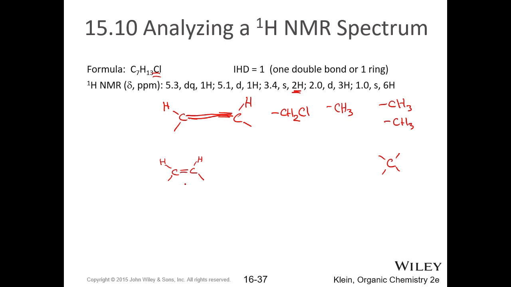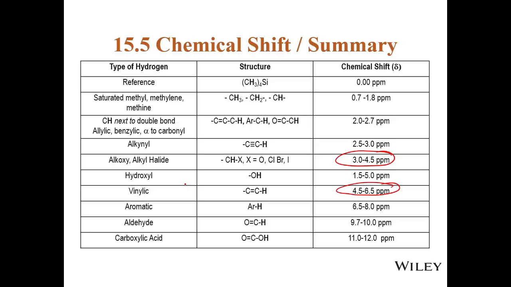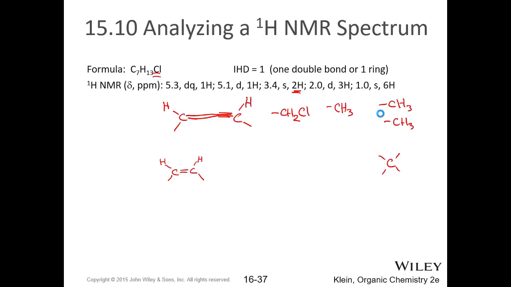One of these shows up at 2 ppm. Again, if we go back to our table, 2 ppm is where we see allylic, things next to a double bond. So that tells us that this methyl is bonded here.